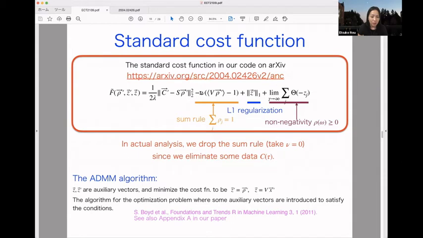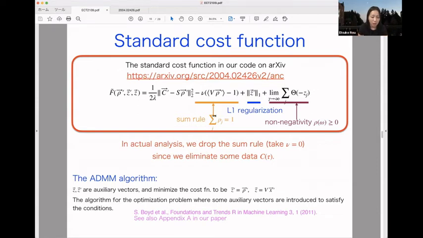We introduced the spectral sum rule, an L1 regularization term, and non-negativity of the spectral function. In our actual analysis of our paper, we drop the sum rule, taking mu equal to 0, since we eliminated some data of the correlation function.